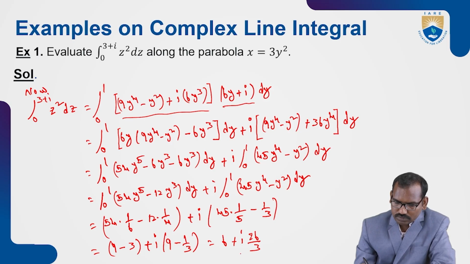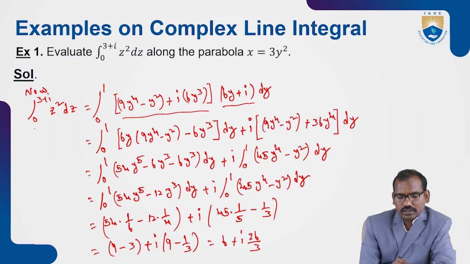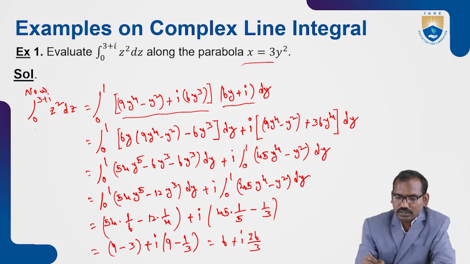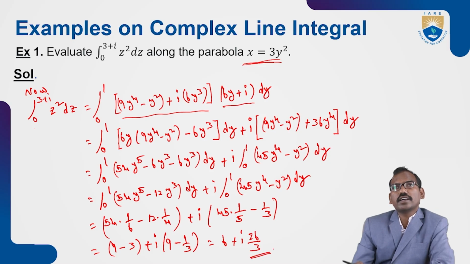So this is the value of the line integral of z square dz along the parabola x equals 3y square. The value is 6 plus i times 26 by 3. This is the required answer.